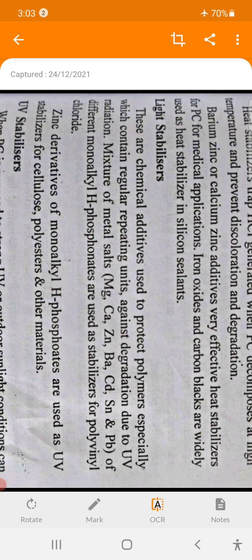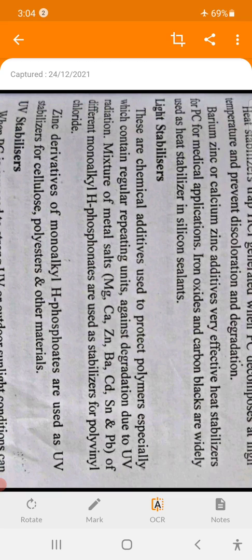These are certain chemicals that are required to be added in polymer materials, and these chemicals contain regular repeating units of monomers, and are used against degradation of polymer material due to UV radiations. Therefore, they are known as light stabilizers.